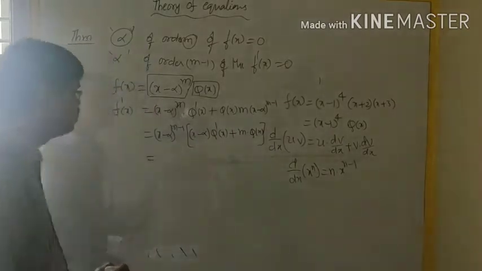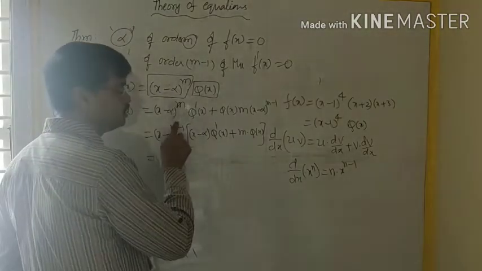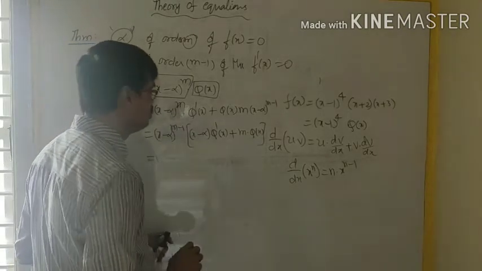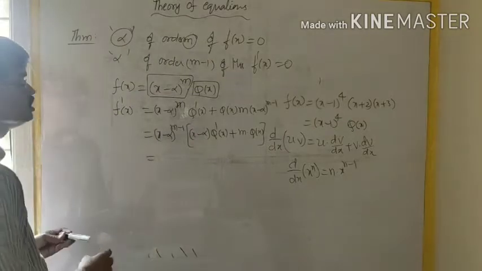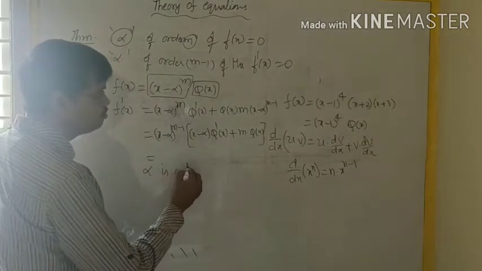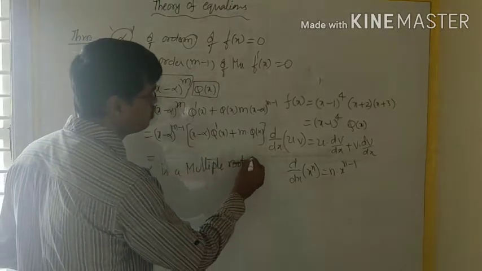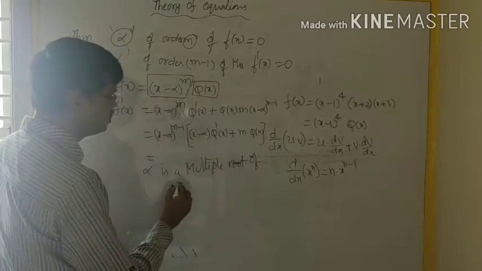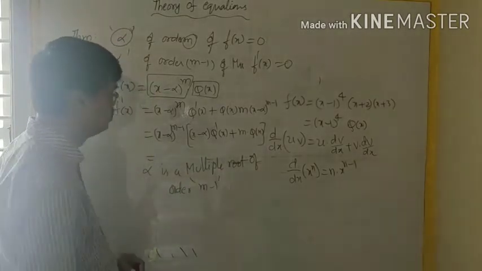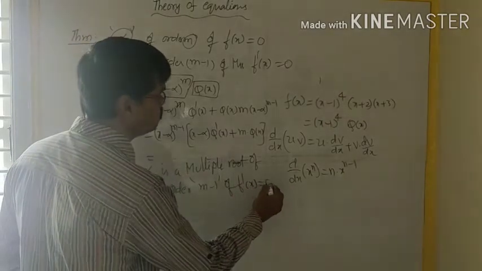So f dash of x we wrote as (x minus alpha) to the power of m minus 1 into this something. That means alpha is a multiple root of order m minus 1 of the equation f dash of x equals 0.